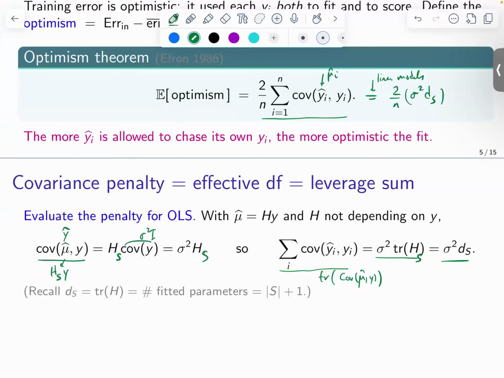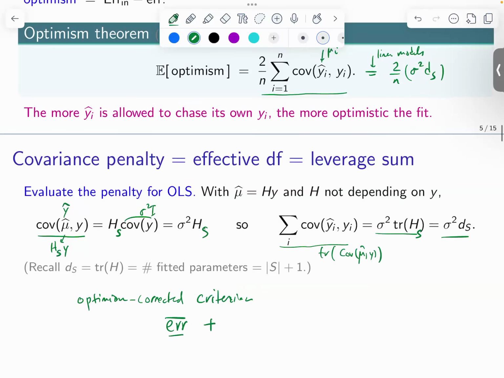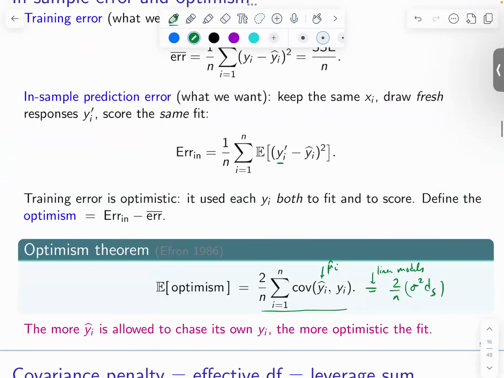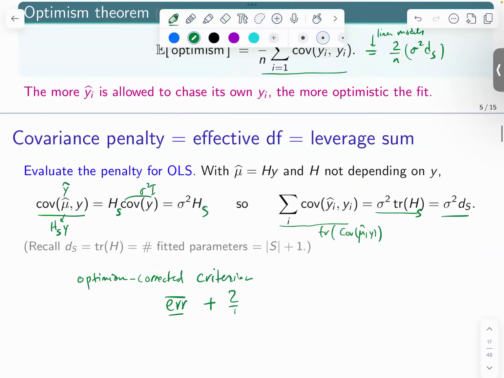So what it's saying is that if I look at the optimism-corrected penalty, or criterion, this would give me the training error. I should add this quantity to it, because this is the difference between the quantity that we want and the training error: 2 over n sigma squared ds.